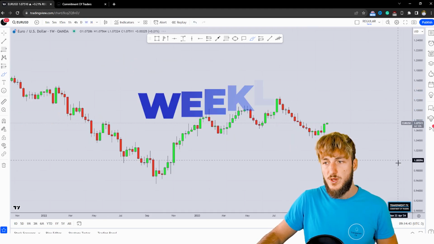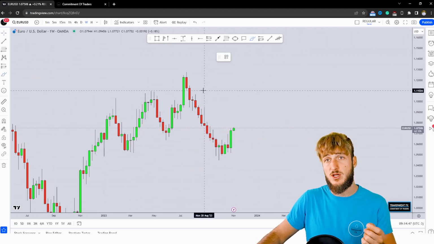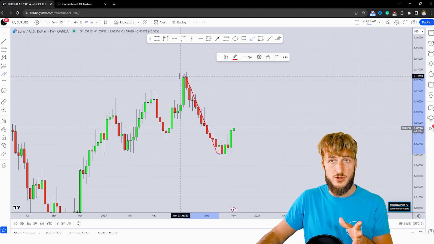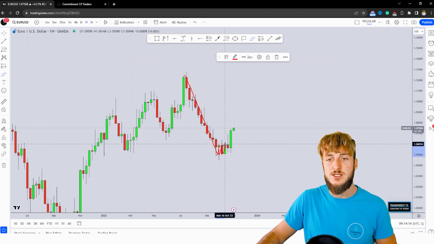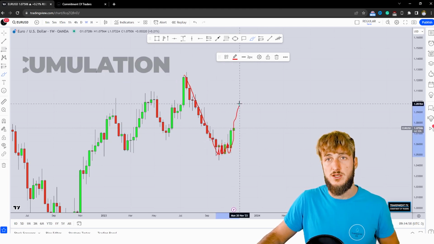Now, if we drop down on the weekly time frame, what do we see? Well, from a weekly standpoint, we can see how the market had created a very strong impulse to the downside. Now, after the creation of this huge impulse, we had this horizontal accumulation phase, and at the moment the market is getting rejected to the upside.